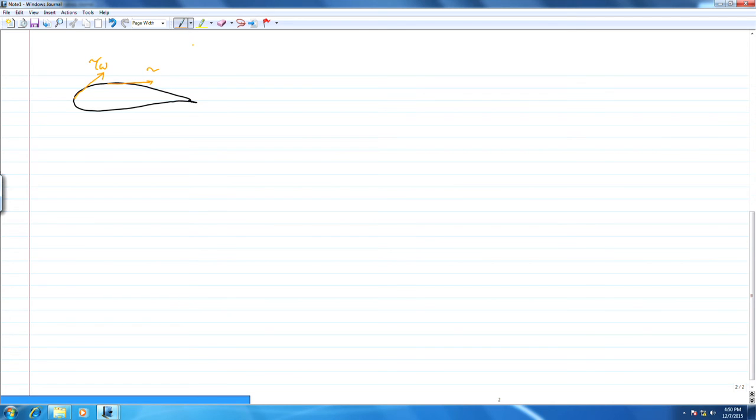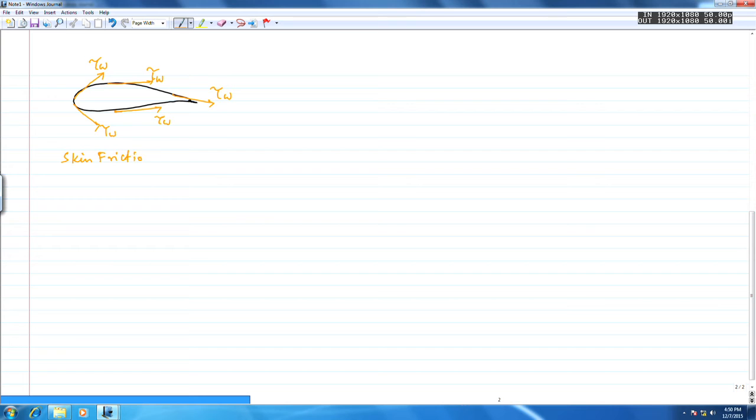Again here on both surfaces, and so on and so forth, you get the idea. Basically this is the wall shear stress, and this is what causes skin friction drag.